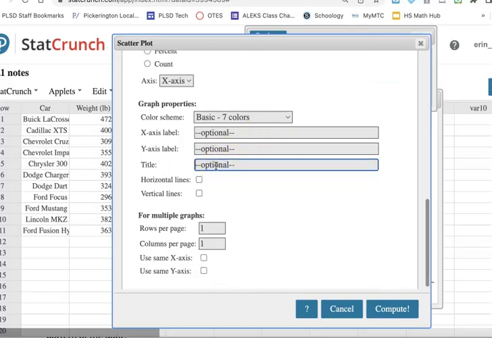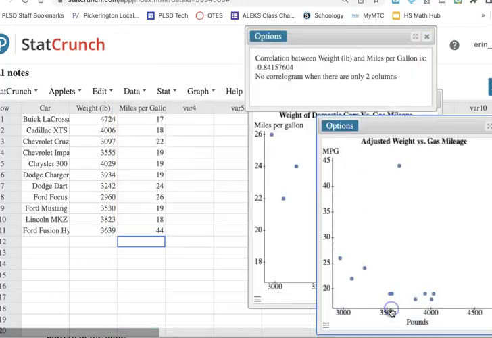And the title is adjusted weight versus gas mileage. The x-axis label is still going to be pounds, and the y-axis label is still going to be mpg. Compute.